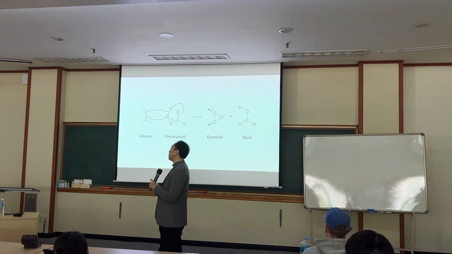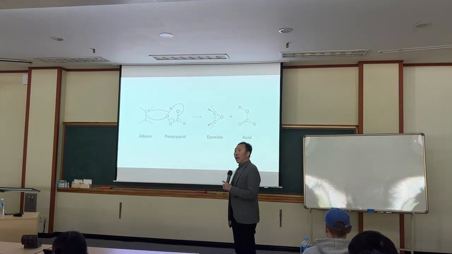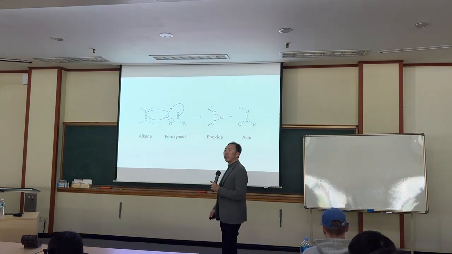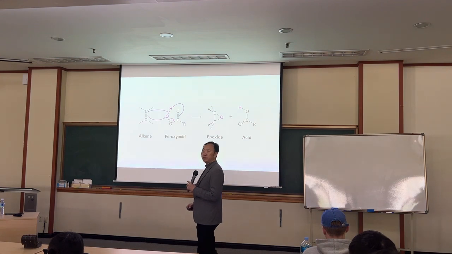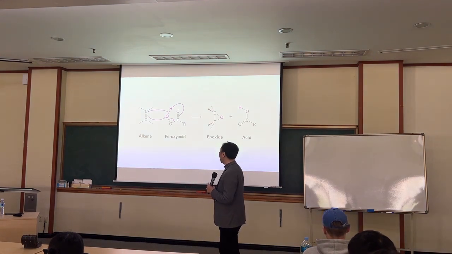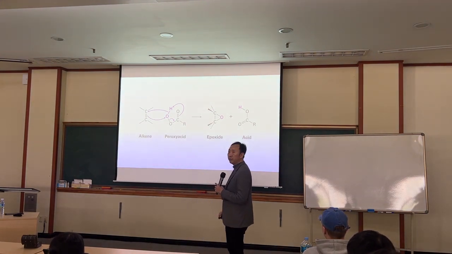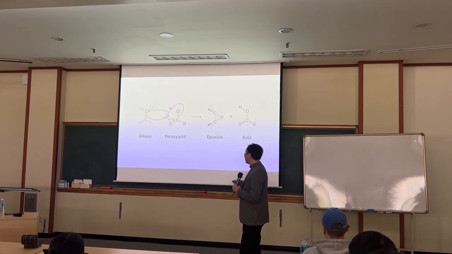Mechanism. Alkene is a nucleophile, it is electron donating. This pi electron is donated to one of the oxygens, and then this is pushed out. Forget about this part for now. This electron was donated to this, and then this is pushed out.